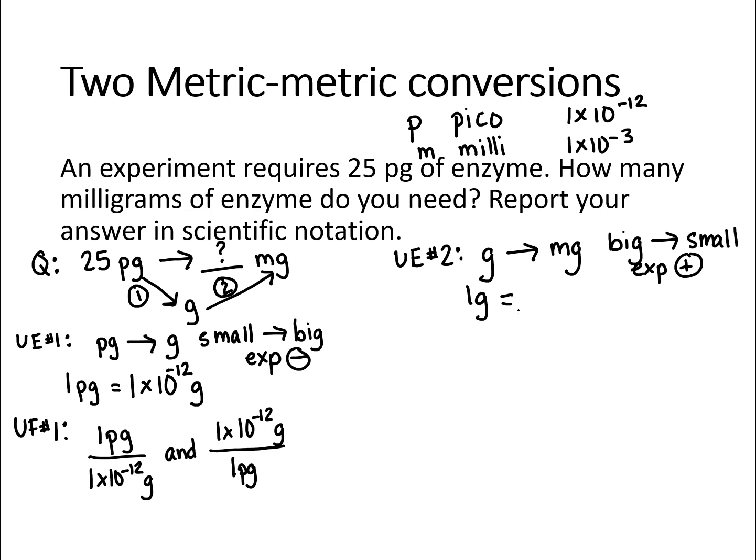Anyway, if I have 1 gram, I look at the chart. I just want the number for the exponent. My exponent needs to be positive, so I'm done. 1 gram is the same as 1 times 10 to the third milligrams, or 1,000 milligrams.